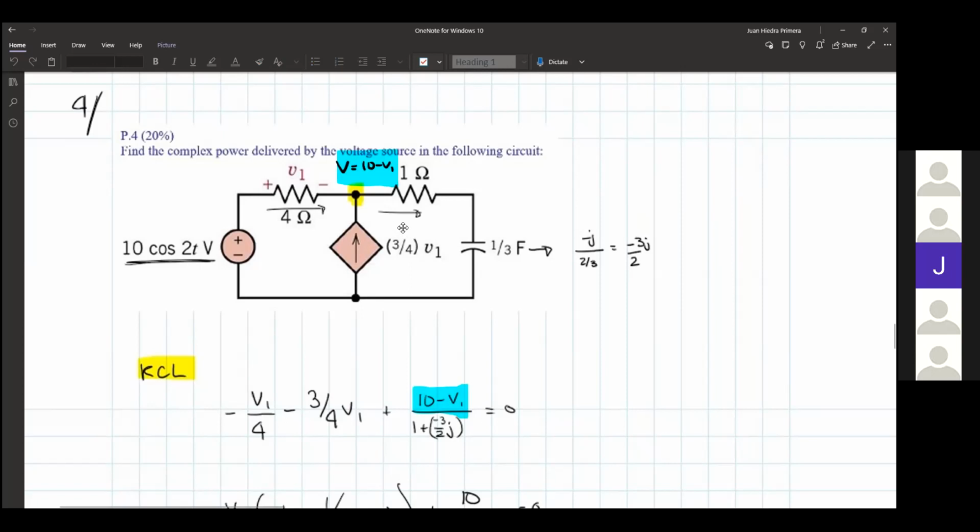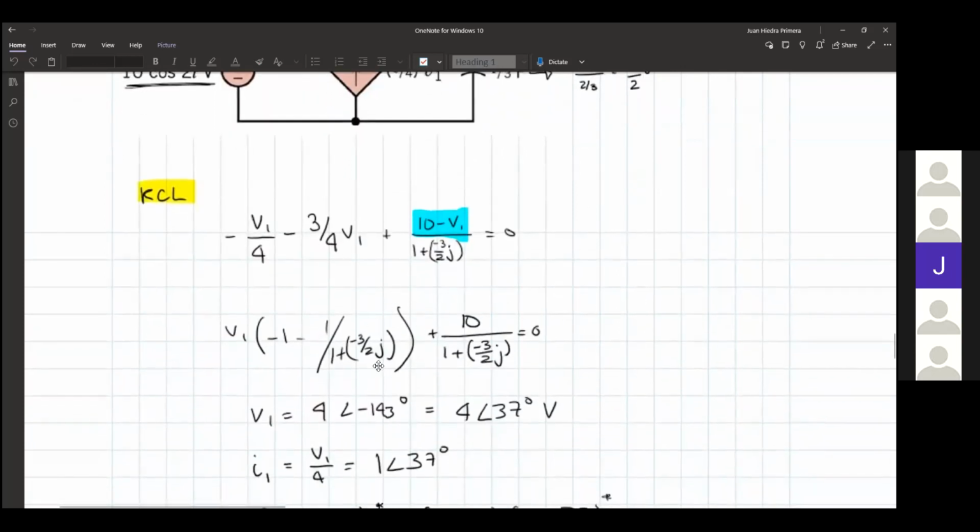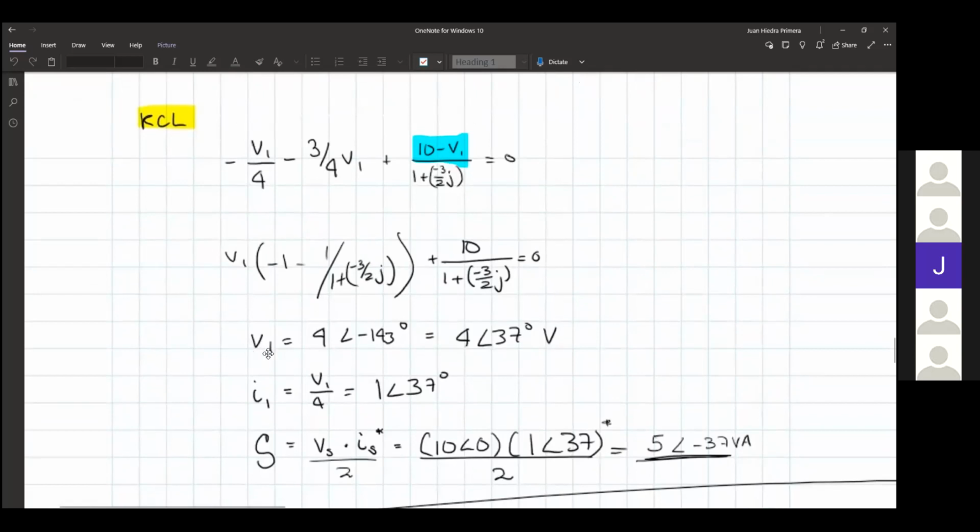And you use the series summed impedance of 1 plus negative 3 over 2j as the overall impedance for this, and you end up with 0 as your sum of currents, because current in equals current out. If you isolate for V1, you end up with V1 equals 4 angle negative 143 degrees, which is the same as 4 angle 37 degrees.